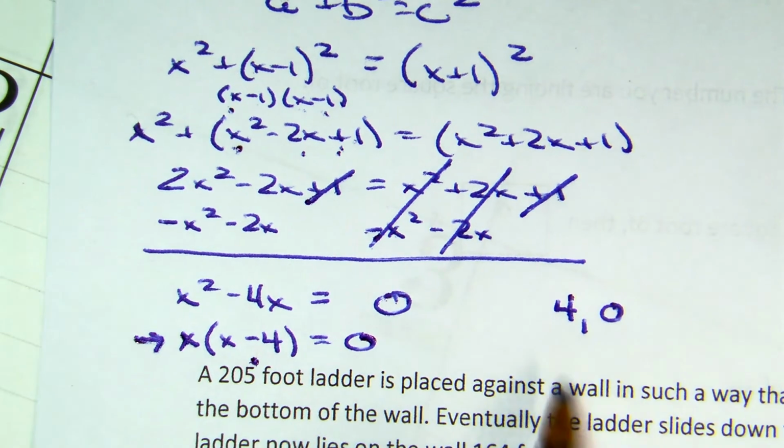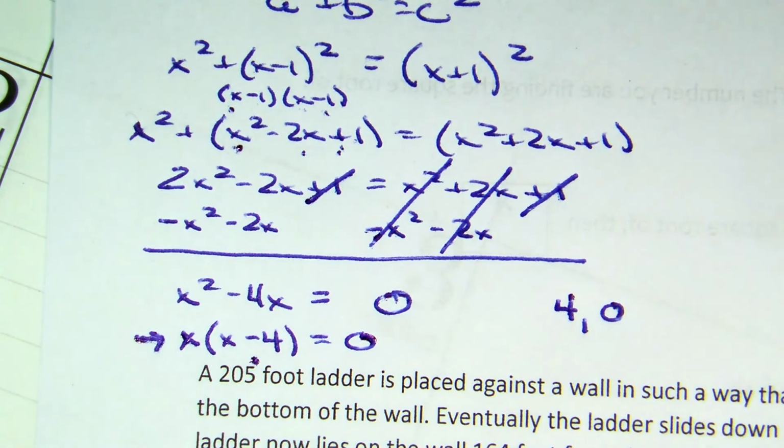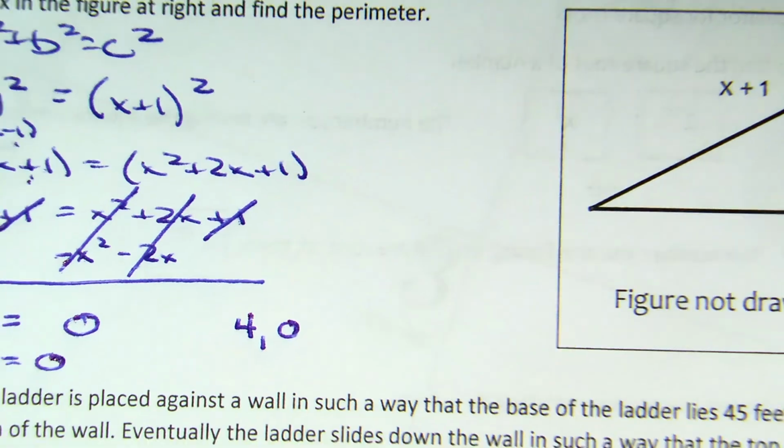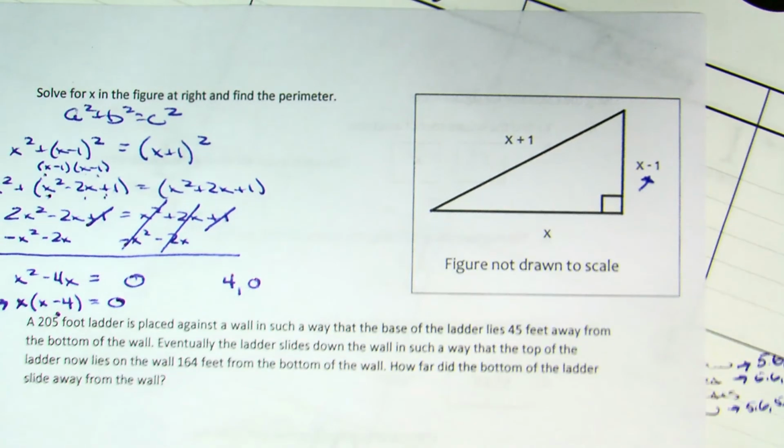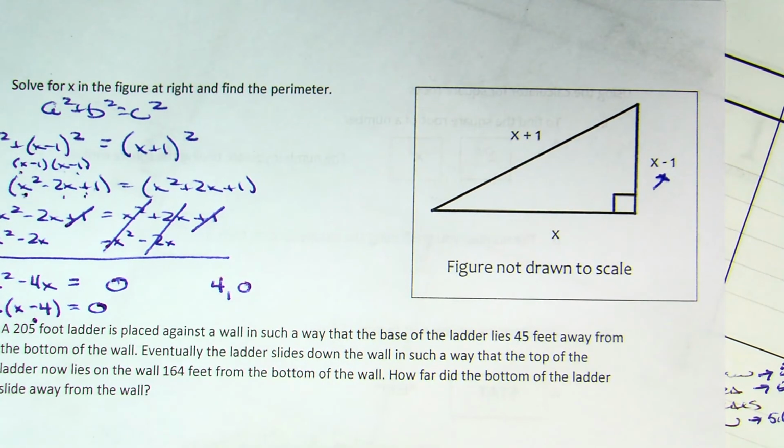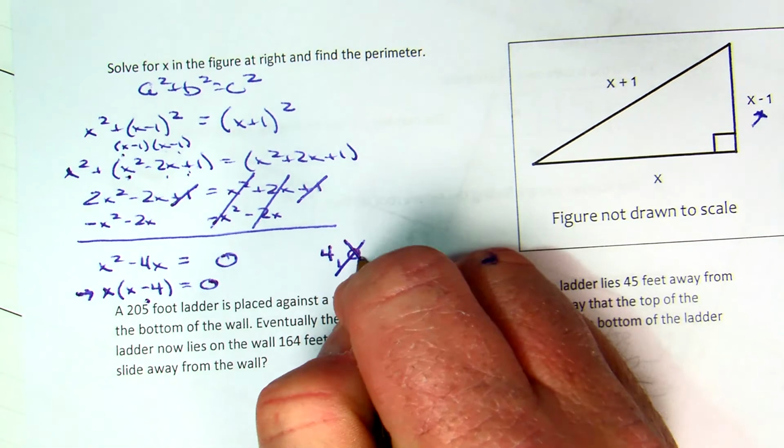Okay, now, if I use the 0, what happens when I plug it into the smallest side, the x minus 1? What type of number do I get? Negative 1. Can I have a negative length? No. So therefore 0 is what we call, of course, extraneous.